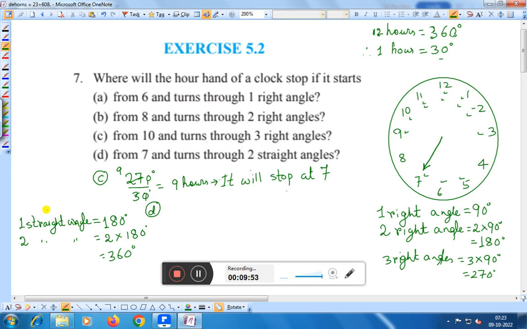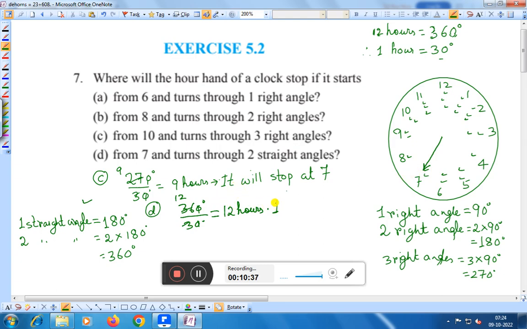One straight angle is 180 degree and two straight angles is 360 degree. If we divide it by 30, because 1 hour equals 30 degree, then we are getting 12 hours. I will count from here 12 hours: 1, 2, 3, 4, 5, 6, 7, 8, 9, 10, 11, 12. It will come at 7, right?